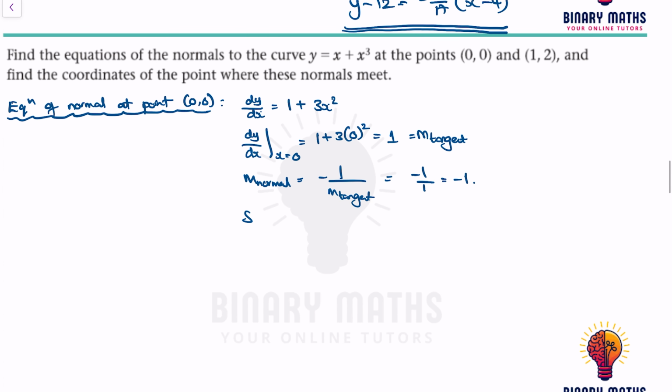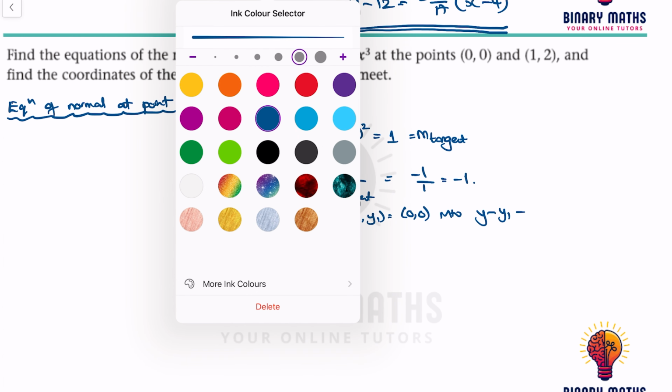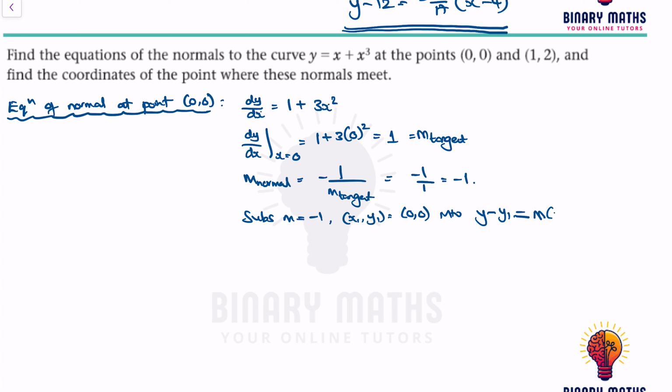So substitute m equals negative 1 and x1, y1 is equal to 0, 0 into y minus y1 is equal to m times x minus x1, which ends up giving me y minus 0, which is y, is equal to minus 1 times x minus 0, which is y is equal to minus x.